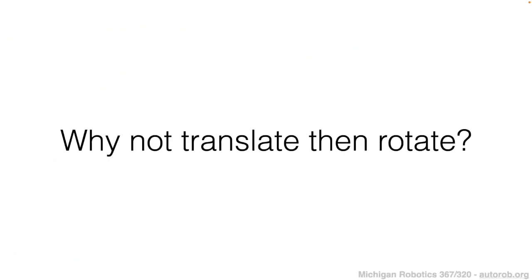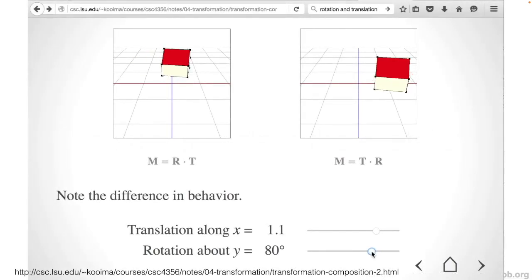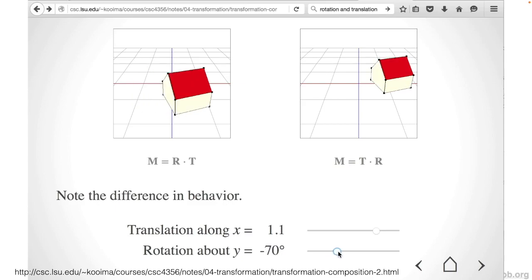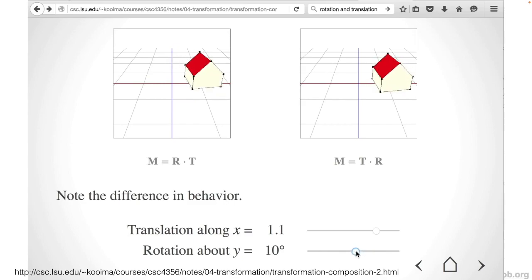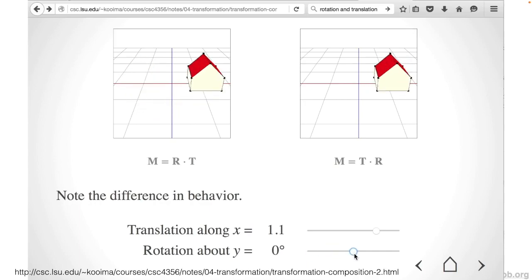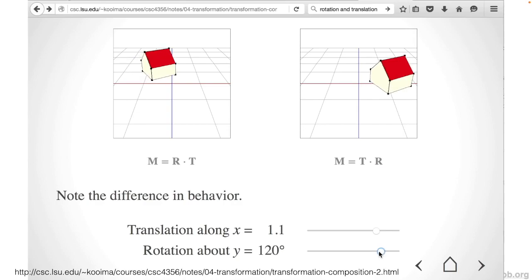So one thing I want to emphasize once again is that we always apply rotation first and then translation. The reason why is illustrated quite nicely on this figure. Conceptually, if we think about applying just a rotation to a geometry, we want that rotation to rotate about the local axis and the local origin of our geometry.